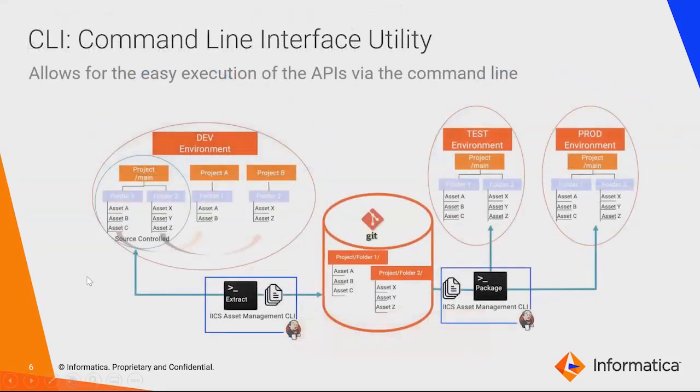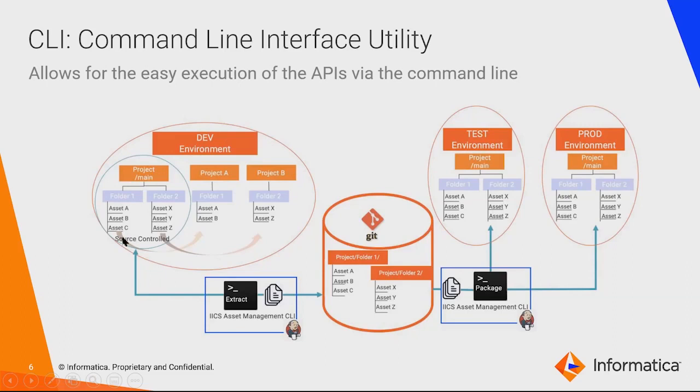The first step is we're going to talk about the command line interface utility, right? So here we are showing 3 environments: dev, test, and production environment. Now, let's say you have the project and project main folder 1 and folder 2, and you have different assets.